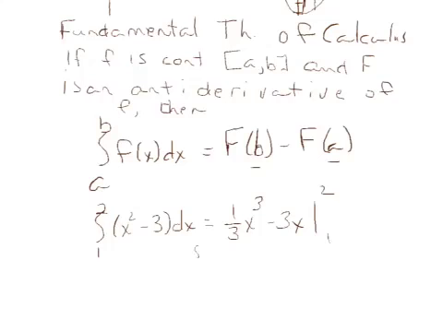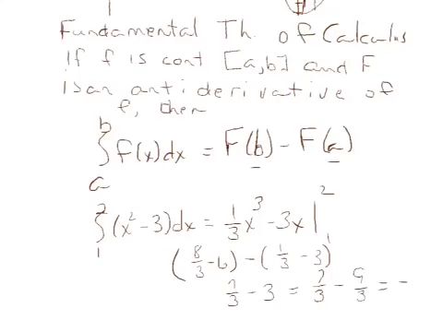So F of 2 is 8/3 minus 6, minus 1/3 minus 3. And when we evaluate that, we get 8/3 minus 1/3, which is 7/3, and negative 6 plus 3, which is minus 3. Well, 7/3 minus 9/3 is a negative 2/3, and that is the value of this particular integral.